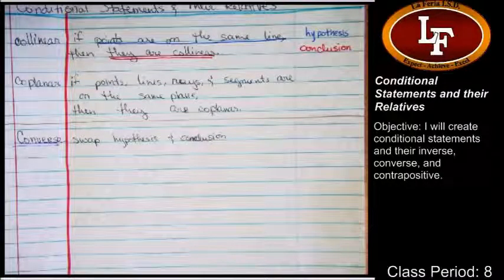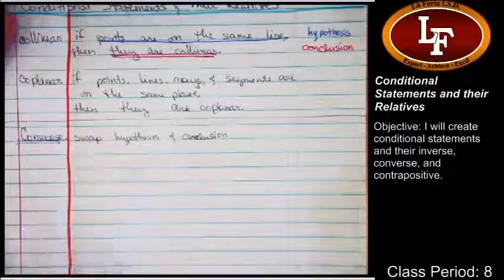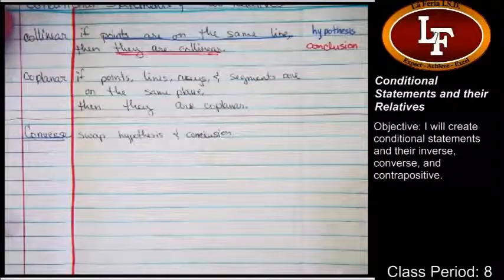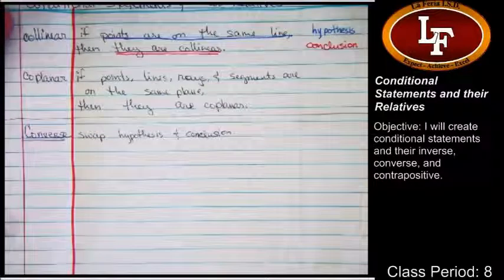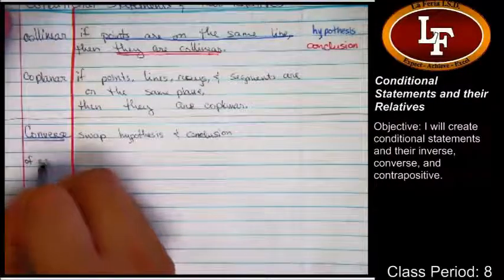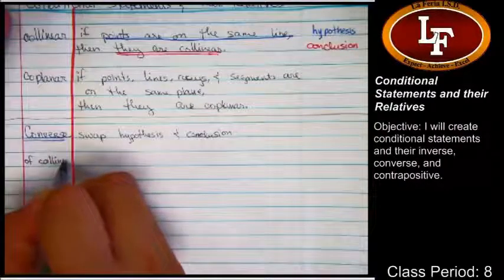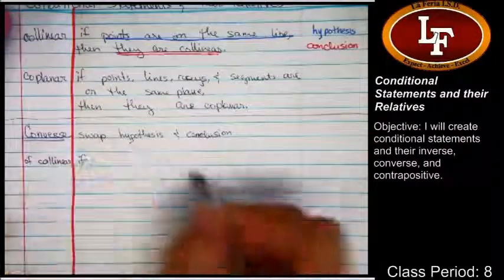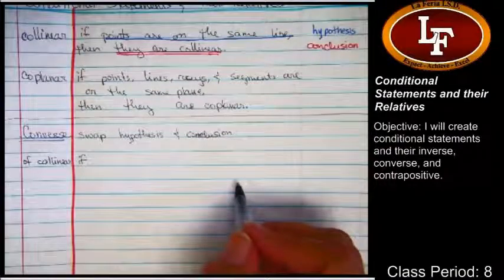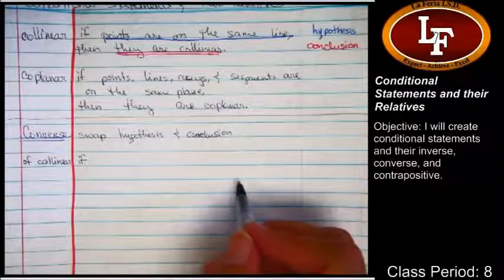All right. So now looking at the converse, it says swap hypothesis and conclusion. Now that sentence makes sense. So let's write the converse of collinear. It says swap. So what was the conclusion is now the hypothesis.